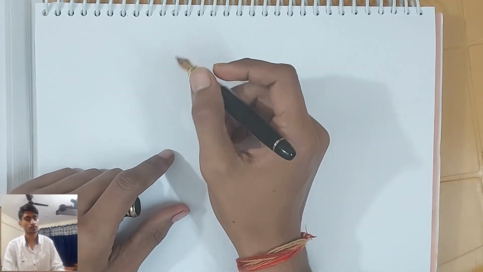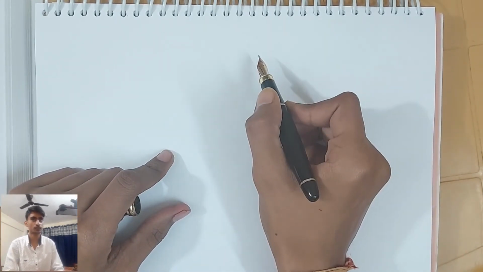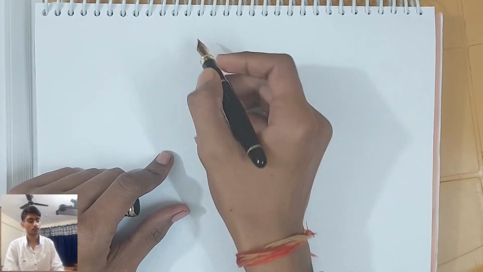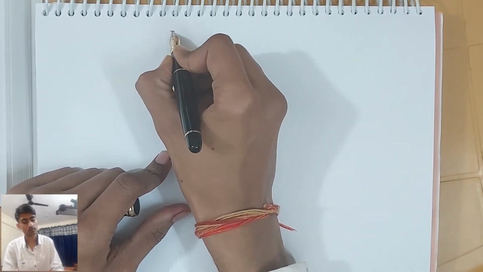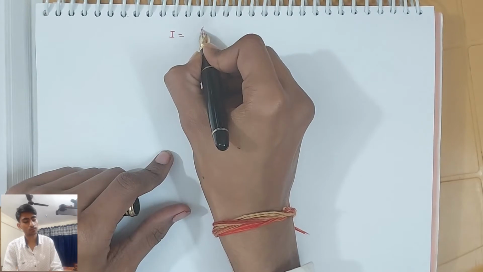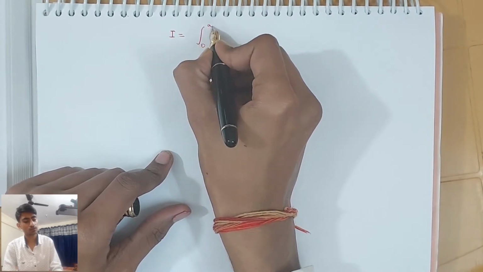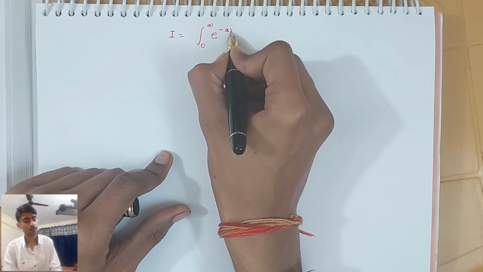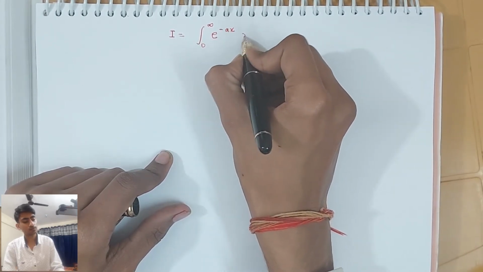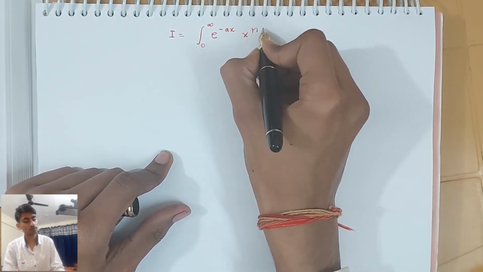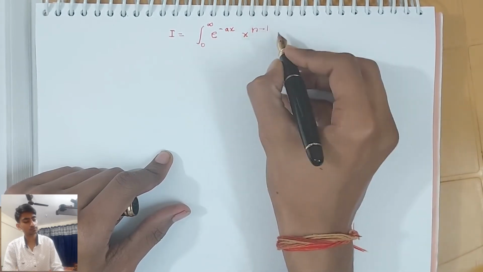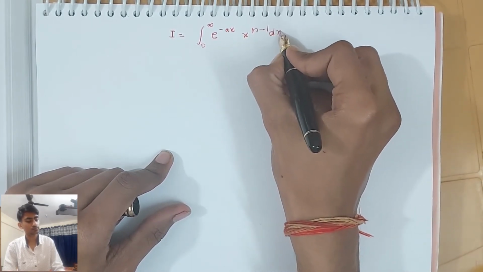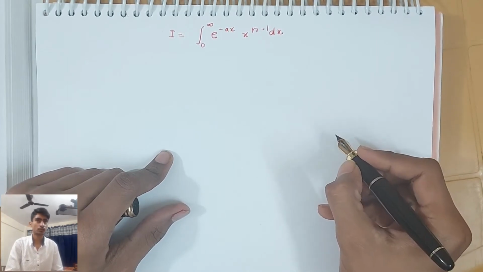Before the relation between beta and gamma function, let's start with integration. That is, I is equal to integral 0 to infinity e to the power minus ax, x to the power n minus 1 dx. This is the integration.